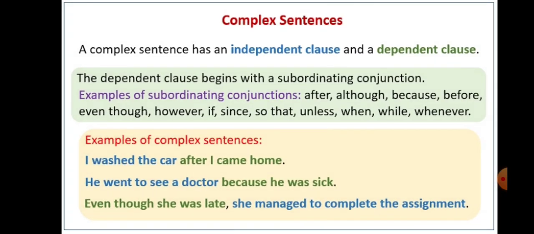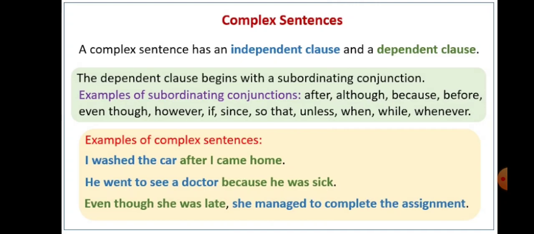Next is complex sentences. A complex sentence has an independent clause and a dependent clause. Already I have explained what is an independent clause and what is a dependent clause. The dependent clause begins with a subordinating conjunction. Examples of subordinating conjunctions are after, although, because, before, even though, however, if, since, so that, unless, when, while, whenever, etc. Example of a complex sentence: I washed the car after I came home.